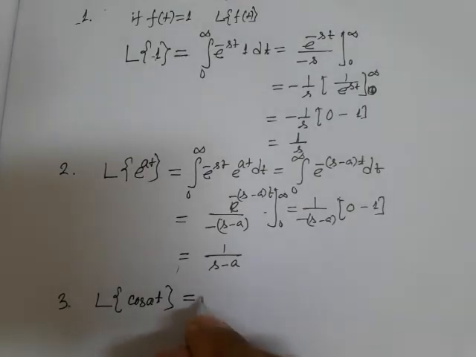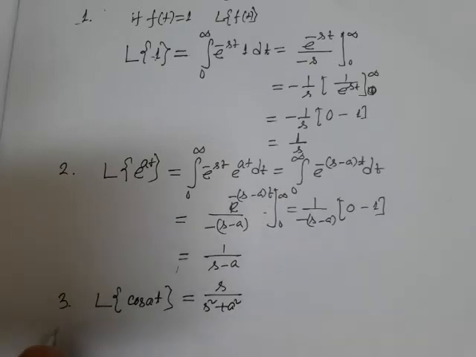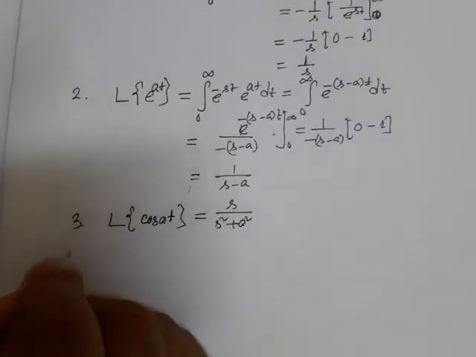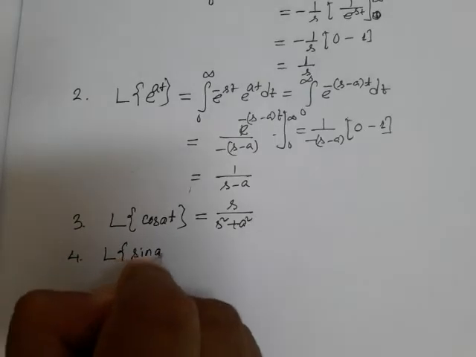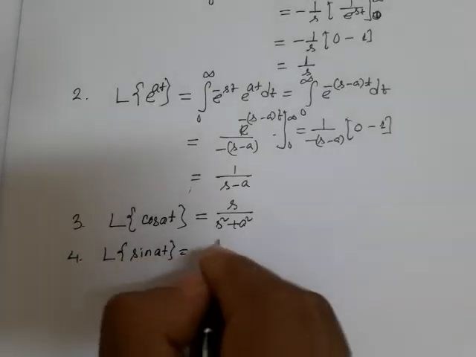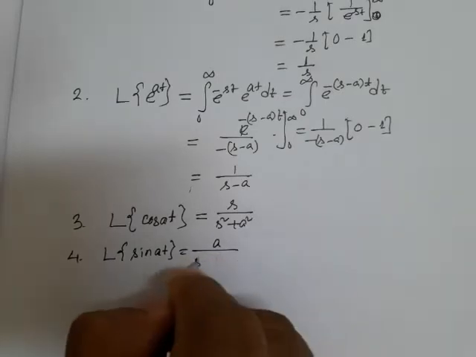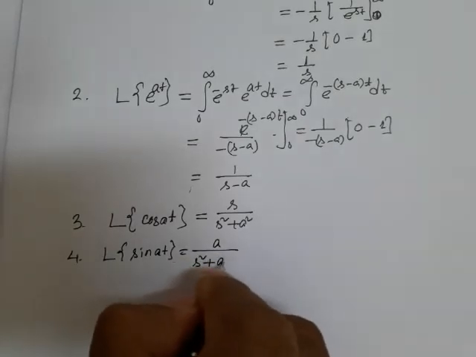You can prove that L of cos at is s by s square plus a square. Next formula: L of sin at is a by s square plus a square.